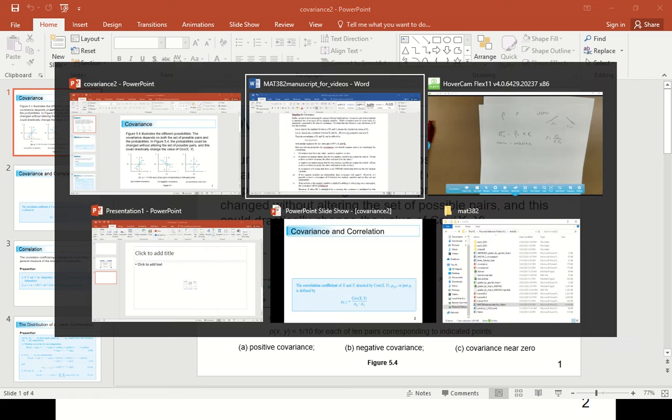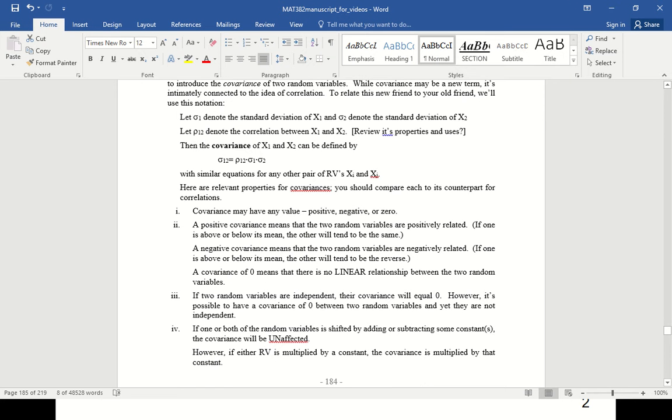A covariance of 0 means there's no linear relationship. That doesn't necessarily mean they're independent. If they are independent, then the covariance will equal 0. But it's possible to have a covariance of 0 and not be independent. One thing is that if you subtract a certain number from all the values of x, your covariance is not affected. However, if you multiply by a number, the covariance is multiplied by that constant.